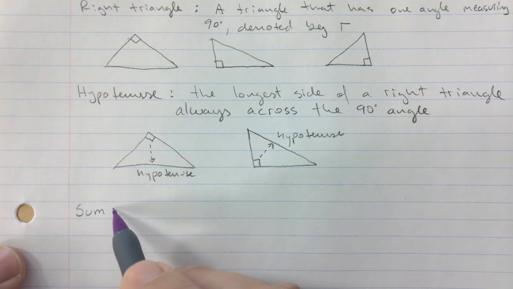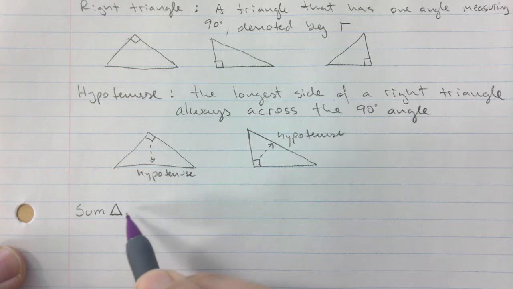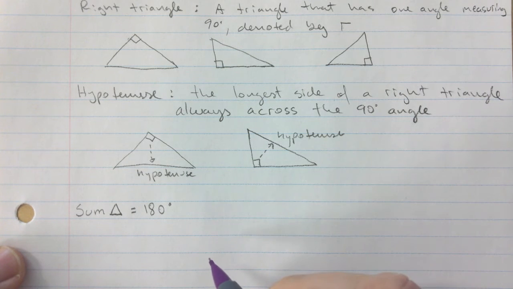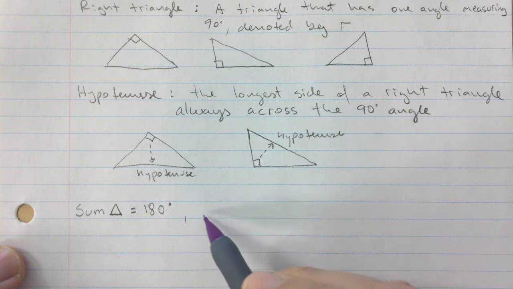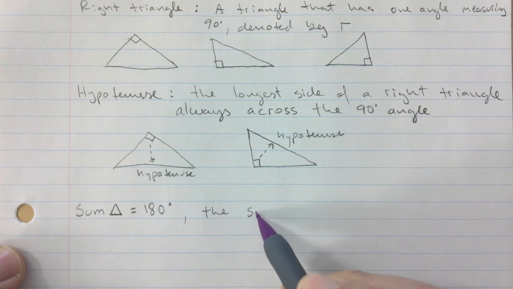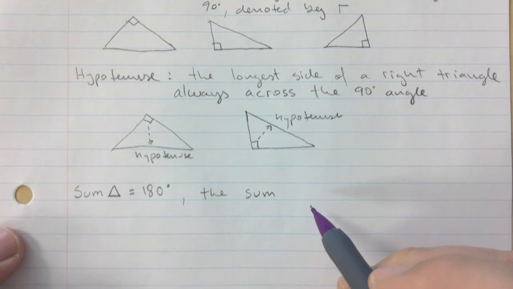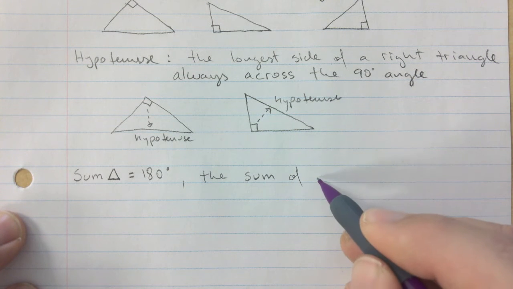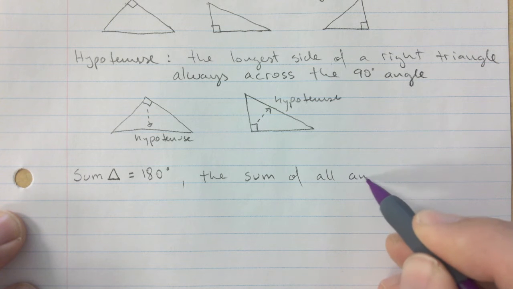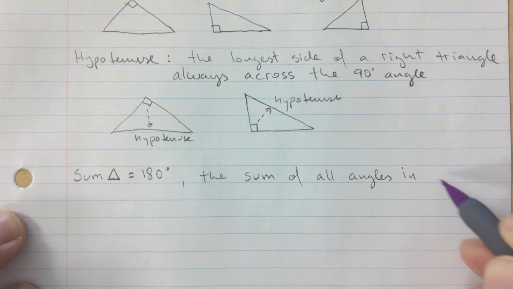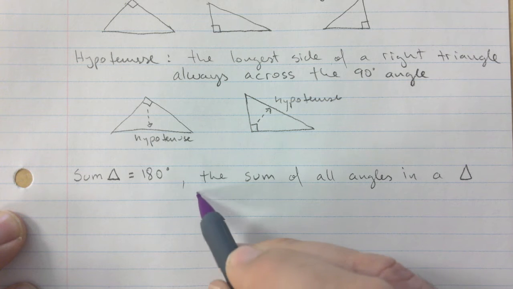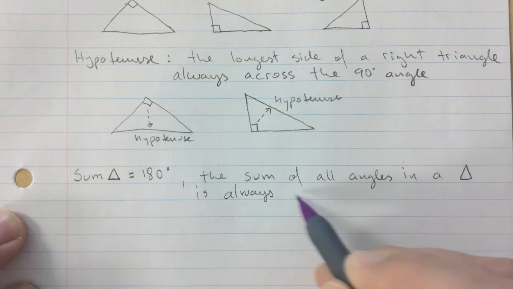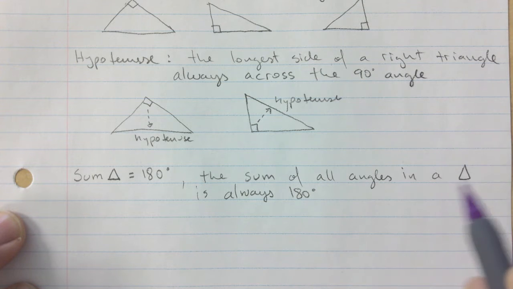The sum of the angles of a triangle is always equal to 180 degrees. What does that mean? The sum, the addition, right? The total number of degrees of all angles in a triangle is always 180 degrees.